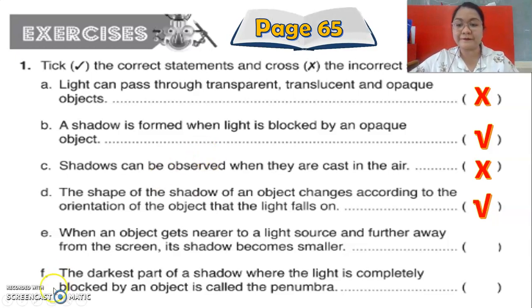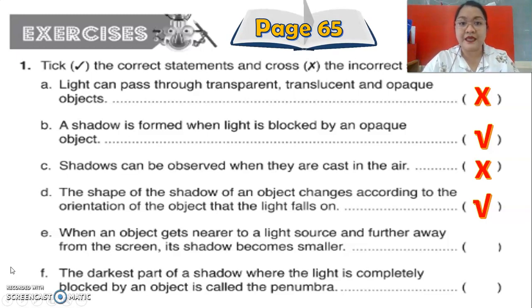Very good. Next, when an object gets nearer to a light source and further away from the screen, its shadow becomes smaller. Okay, so do you remember our near and far? It says that when the object gets near to the light, what does the shadow become?